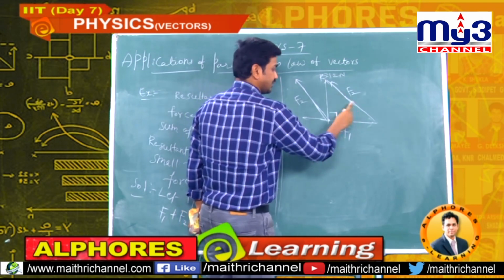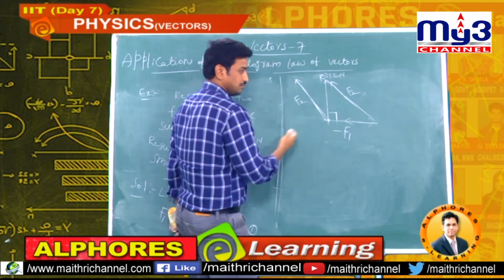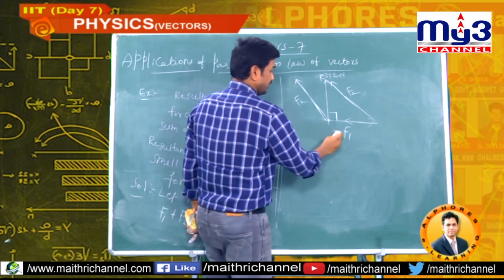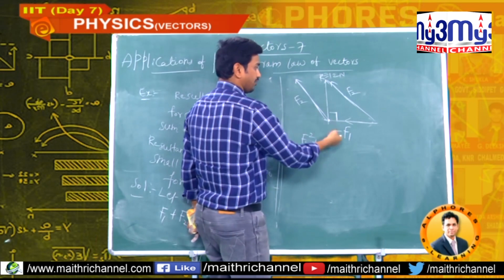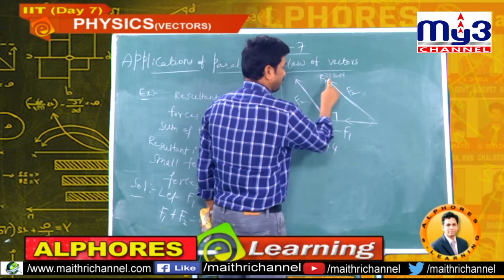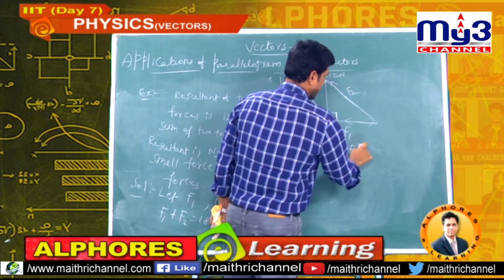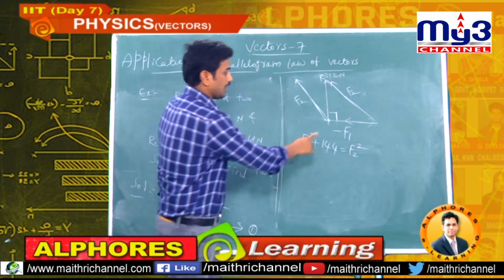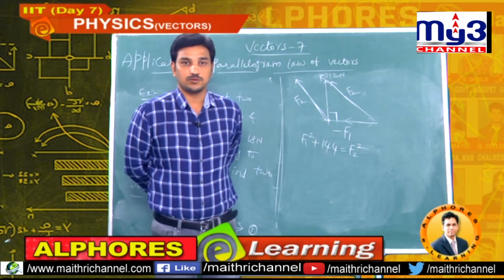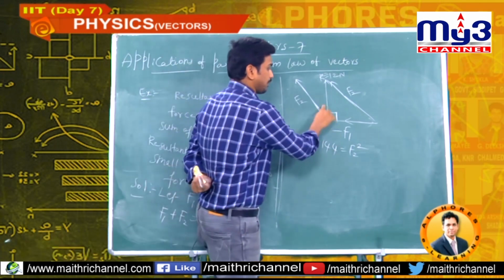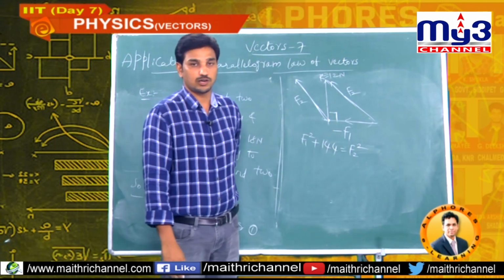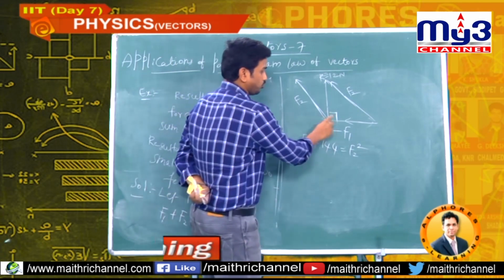Now what is the resultant? F2. So directly I will use magnitude. F1 square, minus F1 whole square, F1 square plus 12 square is equal to F2 square. Two are perpendicular. What is the resultant? Root of a square plus b square. Already we derived that for two perpendicular vectors.